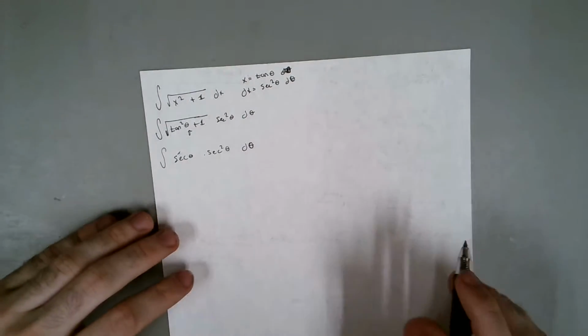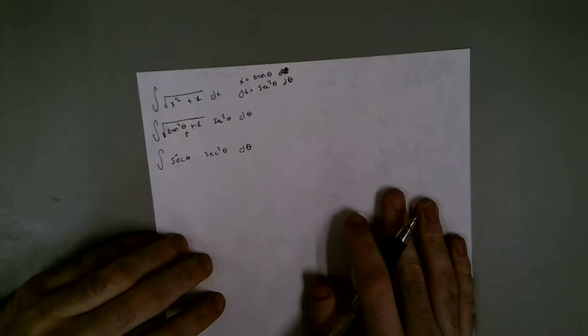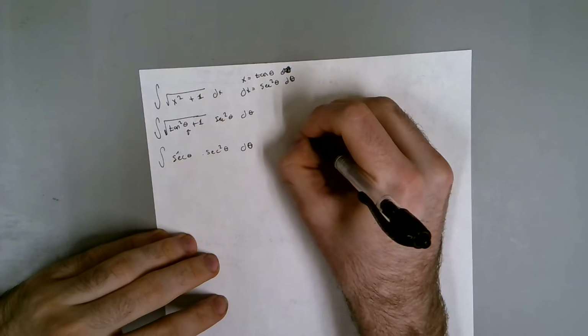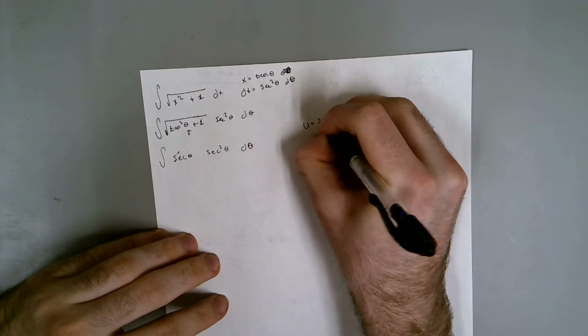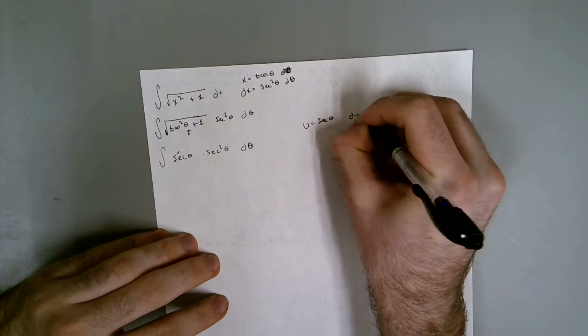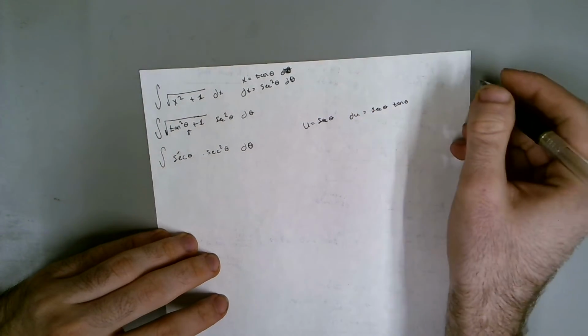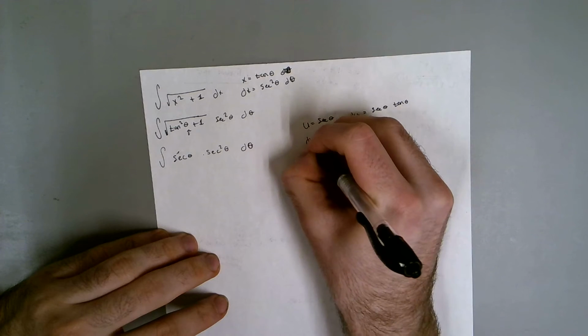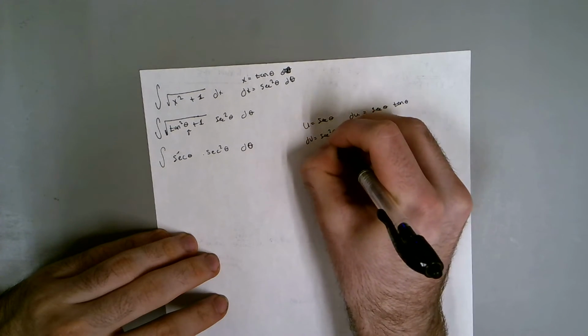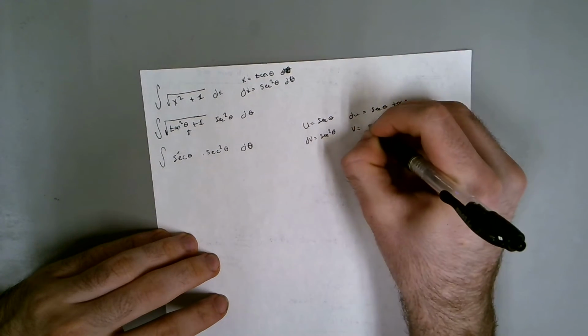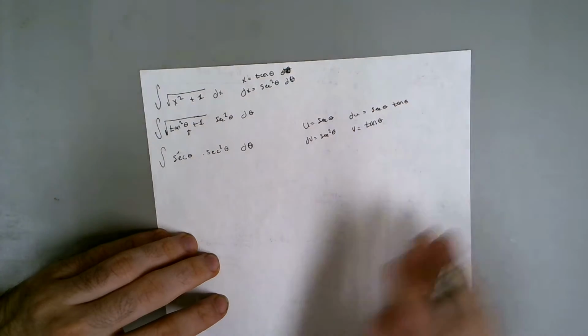But if you remember, the method there was to do the integration by parts. So u is equal to secant theta, du is equal to secant theta tan theta. Right, then our dv is equal to secant squared theta, and our v is equal to tangent of theta.